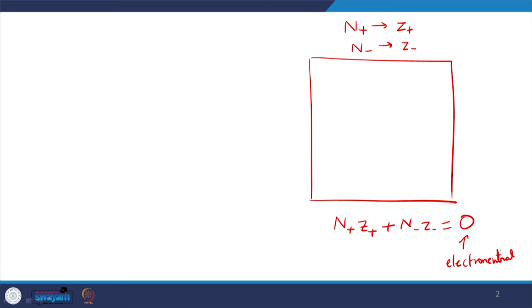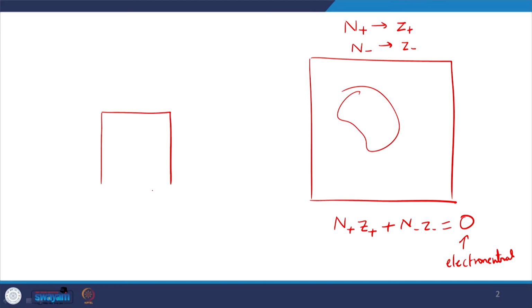And that applies to the large system that I am simulating. Clearly, you will have regions in the system that can be positively charged and regions that can be negatively charged, that is completely possible, but the overall system has to be electroneutral. And there is a strong reason for doing that: since we typically use periodic boundary conditions, and I am using them in this particular case and in all the case studies that I will show, if electroneutrality was not valid, then the system will have some net positive or negative charge.